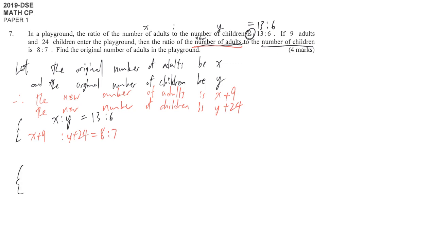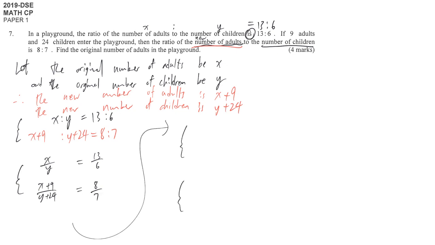Then we try to start our operation. x to y is equal to 13 over 6. x plus 9 over y plus 24 is equal to 8 to 7. We just focus on the first equation: 6x is equal to 13y.